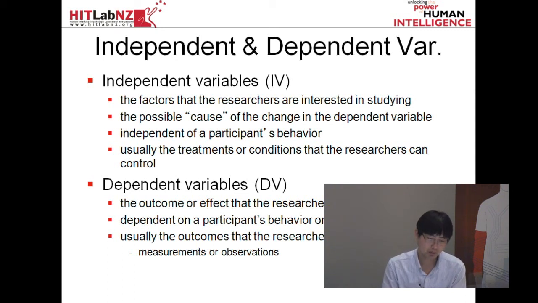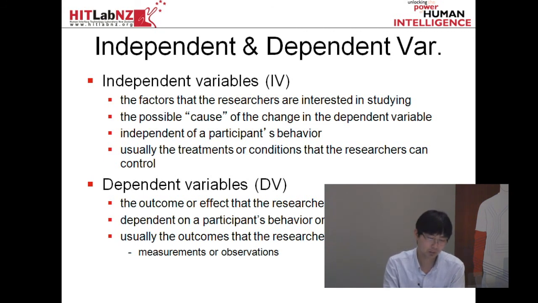And in that sense, it's independent of a participant's behavior. So mouse and stylus doesn't depend on how the user behaves. So it's given as the condition. So that's why it's called independent. And usually the treatments or conditions, such as the type of interface you are using, are independent variables.